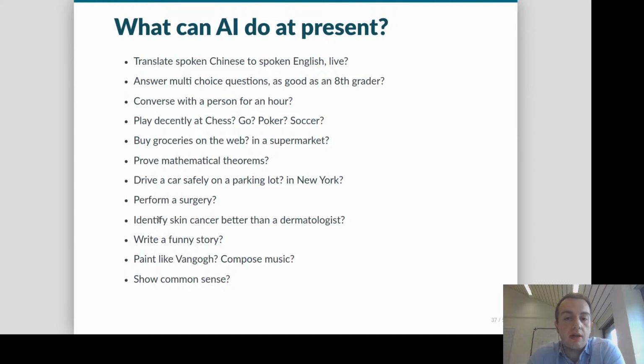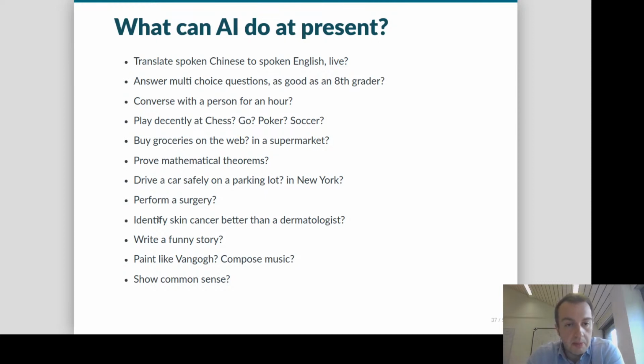The reason is that in order to answer multiple choice questions, you really have to have some kind of built-in reasoning. For example, if you read a text and then we ask questions about this text, you need to be able to represent knowledge, and then of course you need to be able to understand language. Doing all these things together is still very tricky, even if we have had very recent and significant progress.